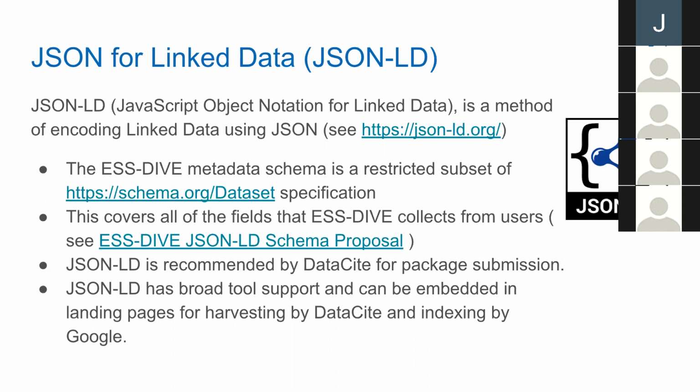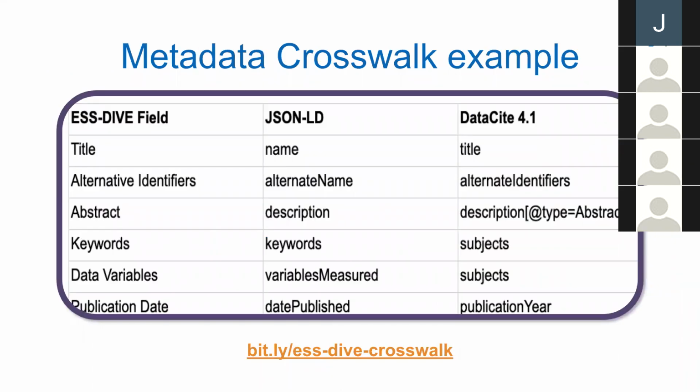ESS-DIVE currently uses a subset of the JSON-LD data set specification, and what we've done is take all of the fields that you see in the ESS-DIVE web form and find their equivalents in JSON, which is outlined in our JSON schema proposal and in our metadata crosswalk.